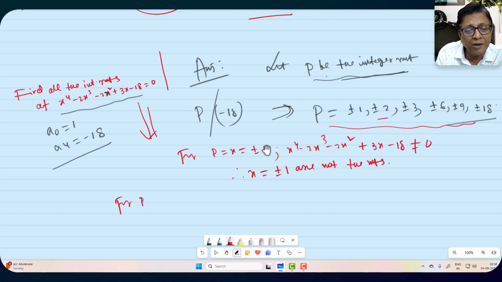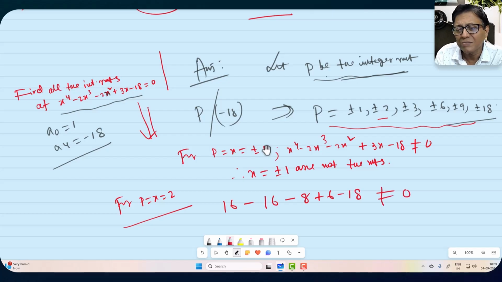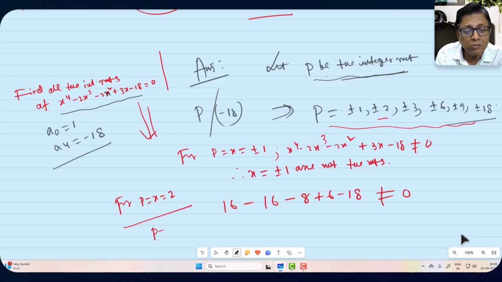For p, or x equal to 2, we observe it is 16 minus 16 minus 2x square, that is 8 plus 6 minus 18. This is not equal to 0. Can't be a root. Now let us check with p equal to minus 2.